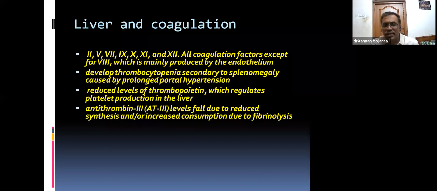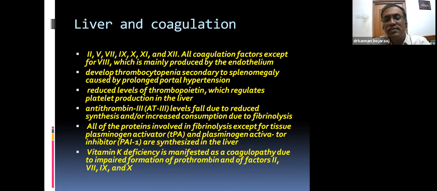And there is a reduced level of thrombopoietin, the factor synthesized by the liver, which is most important for regulating platelet production. And antithrombin 3 levels fall because it is synthesized by the liver, or due to increased consumption. Due to fibrinolysis, all the proteins involved in fibrinolysis are produced in the liver except the plasminogen activator and plasminogen activator inhibitor, all are synthesized in the liver.